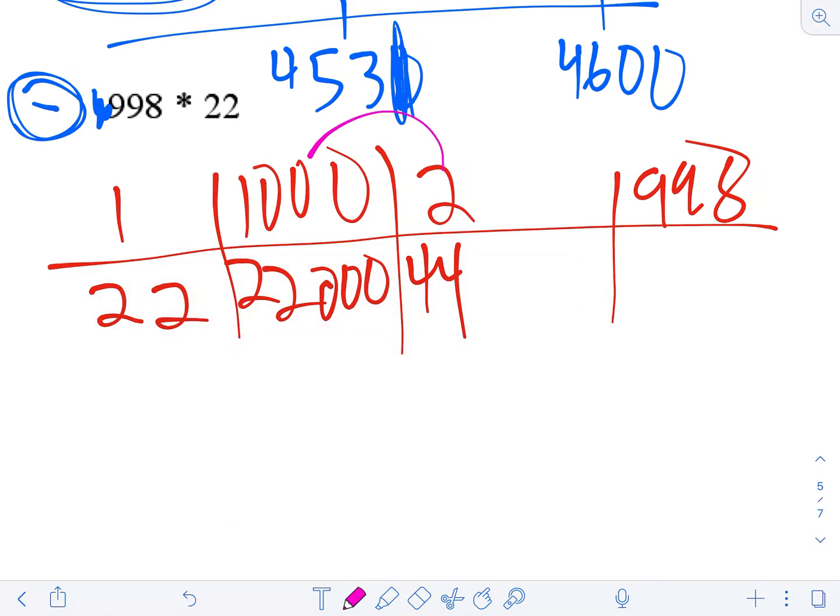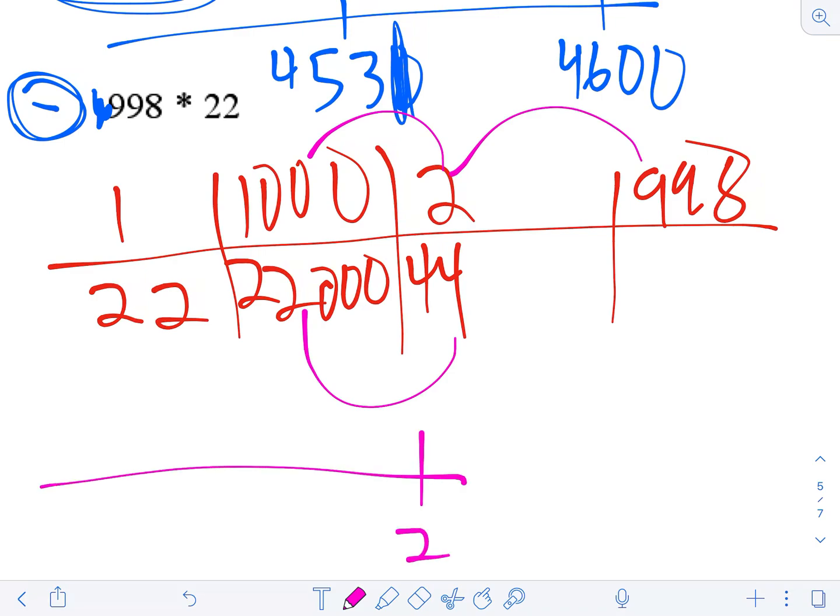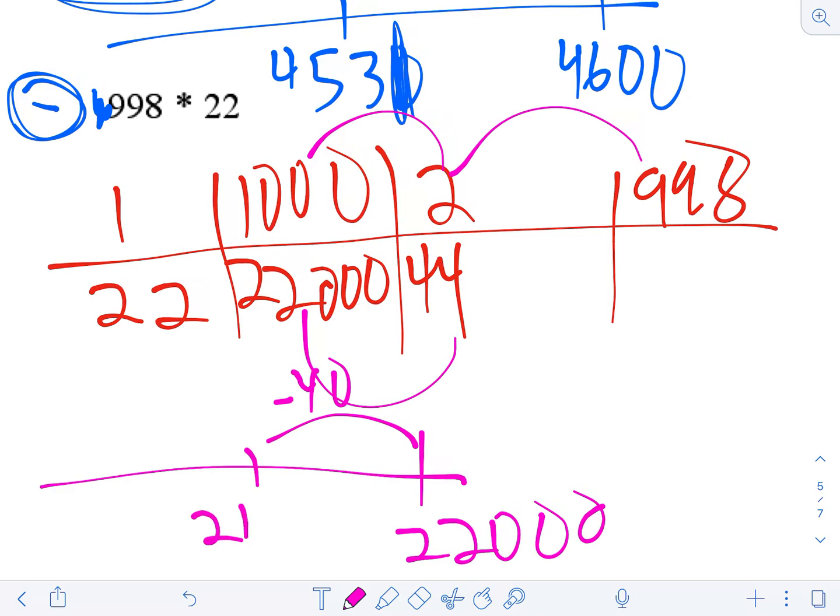So 1,000 minus 2 is 998. 22,000 minus 44 is, you can do it in your head or you can do an open number line if you want. How about we just minus 40? That's easier to start with. Do what we need out of 0. That would be 21,960. Then take 4 more away.